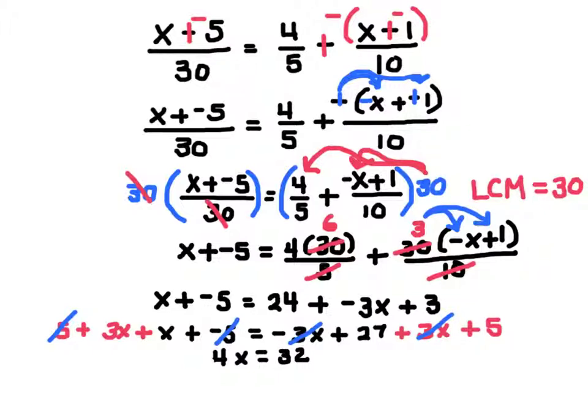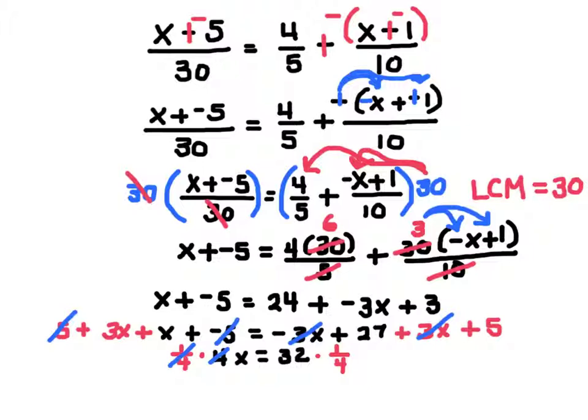We want to remove the coefficient of 4 from the x because we're solving for x. So I'm going to multiply the left-hand side by the multiplicative reciprocal or inverse of 4, which is 1/4. So if I multiply the left-hand side by 1/4, I must multiply the right-hand side by 1/4. 1/4 times 4 is 1.